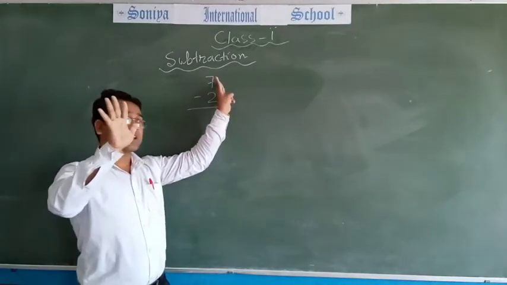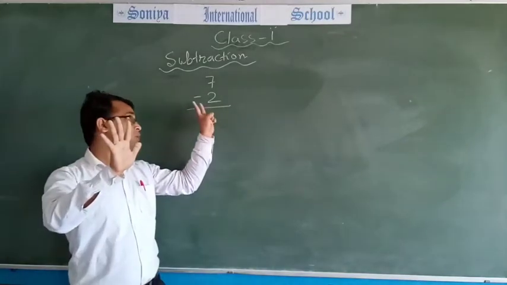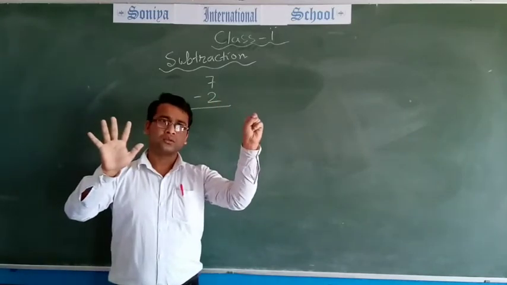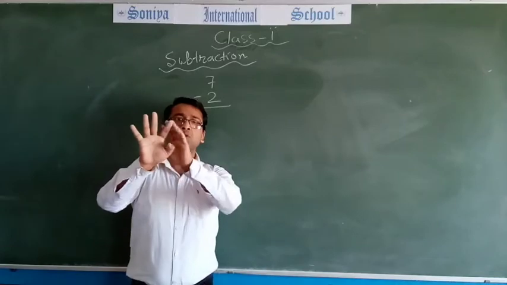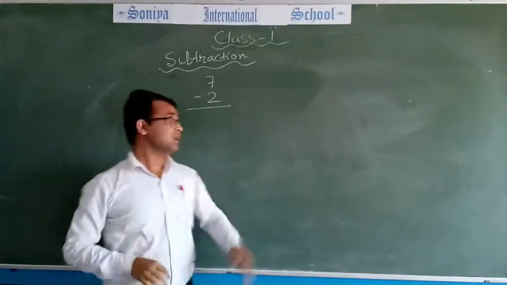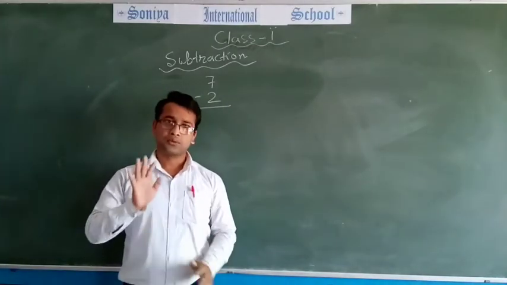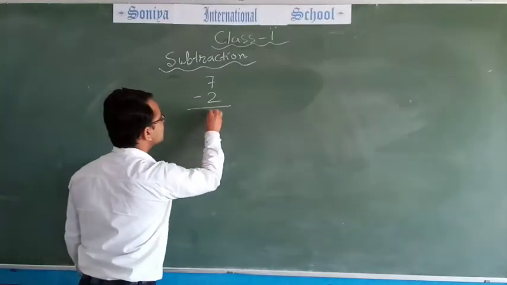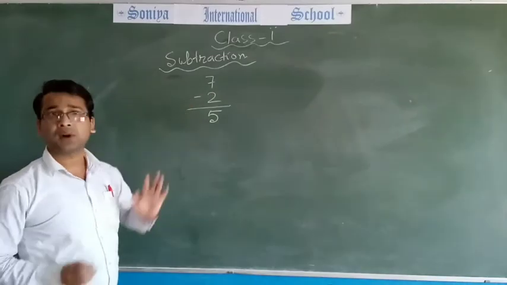That is 7 fingers. And how many are taken away? 2. 1, 2. How many are left with me? 1, 2, 3, 4, 5. Then 7 minus 2 is equal to 5.